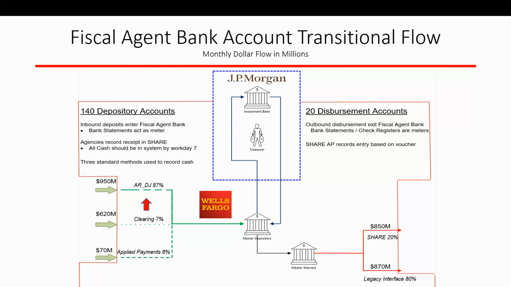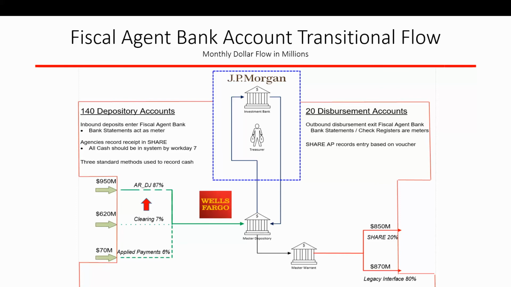There are three processes that the state uses to record its cash: direct journals, clearing accounts for agencies that have voluminous transactions on a daily basis, and then applied payments. These are for agencies that record revenue against a receivable and then collect that receivable. There are the three methods, and there are only three methods, of getting into the system.